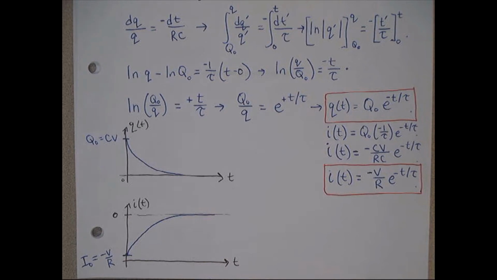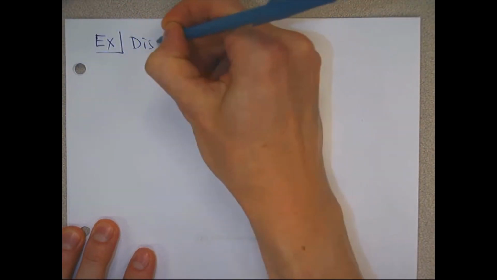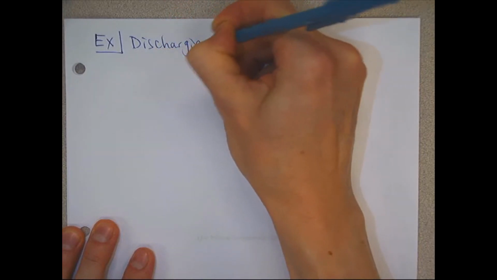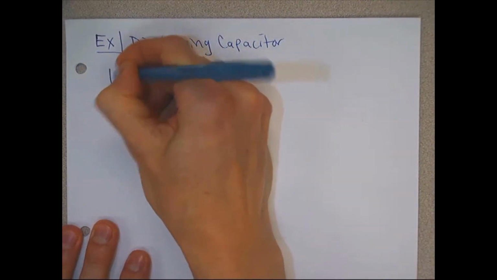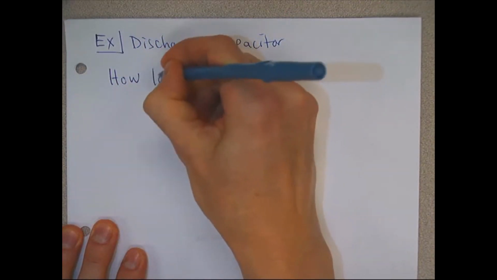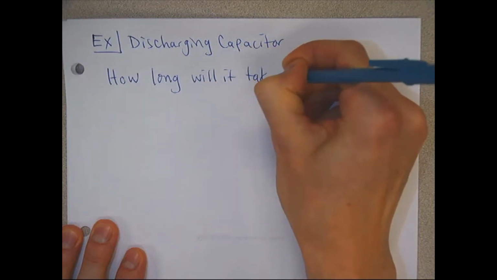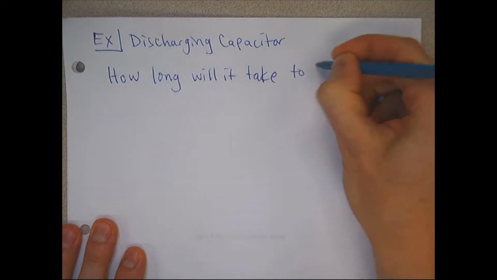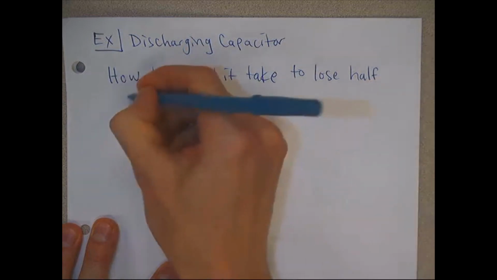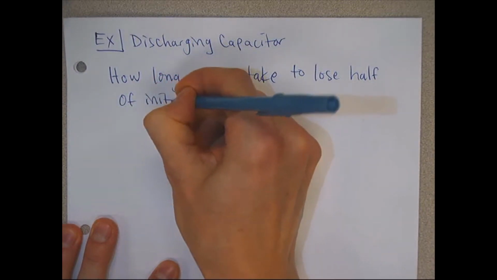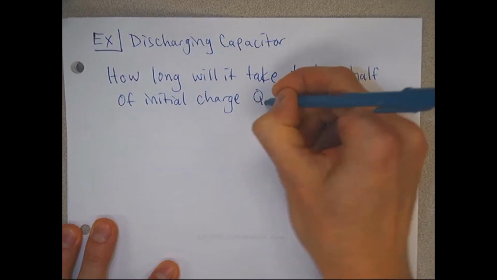Briefly then, let's do another example. For the discharging capacitor, we could answer a question: how long will it take to lose half of the initial charge Q0?